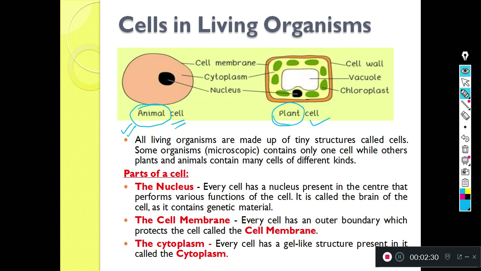Now, what is the difference between animal cell and plant cell? As we have already done, a few things which are present specially in plants are chloroplasts. So that means in the plant cell we can see something like a green pigment and we call it chloroplast. So you can see the structure of the cell.